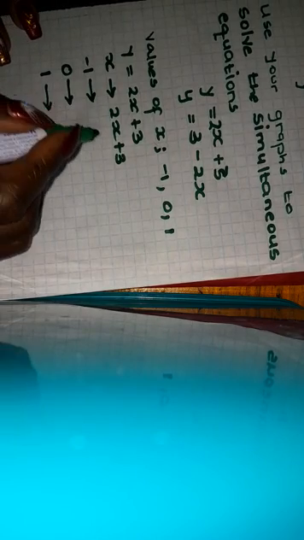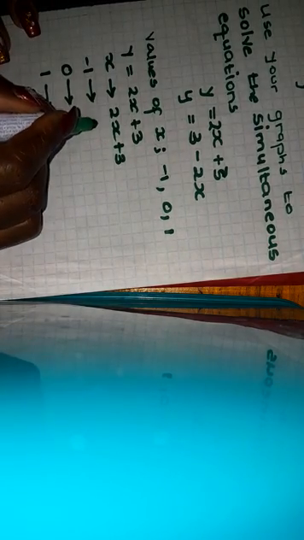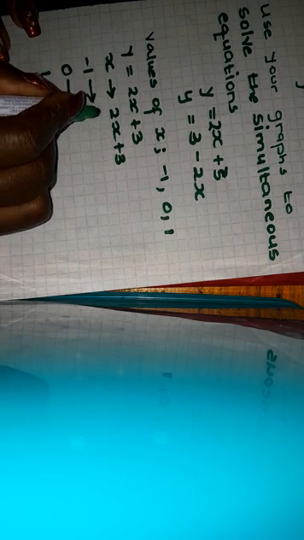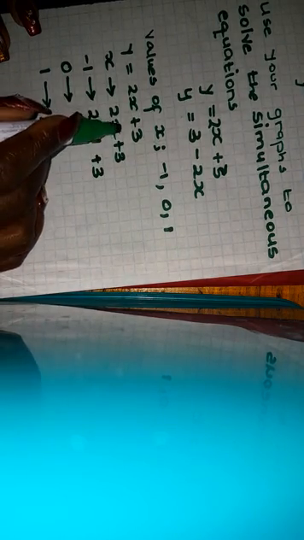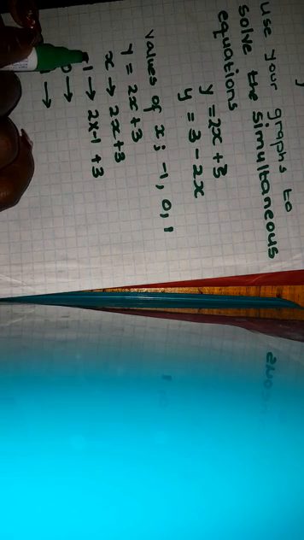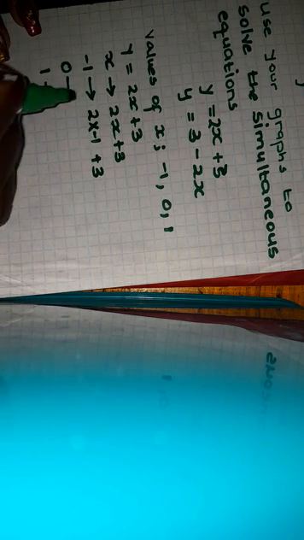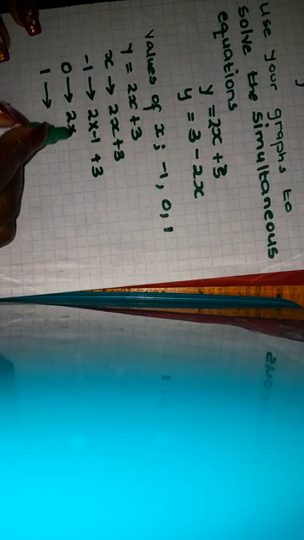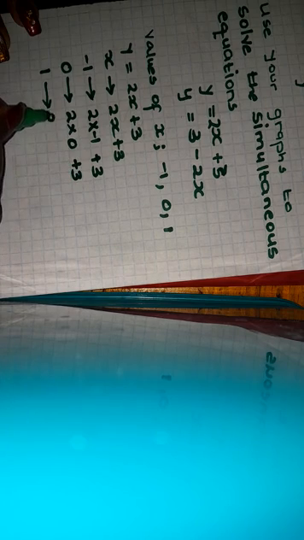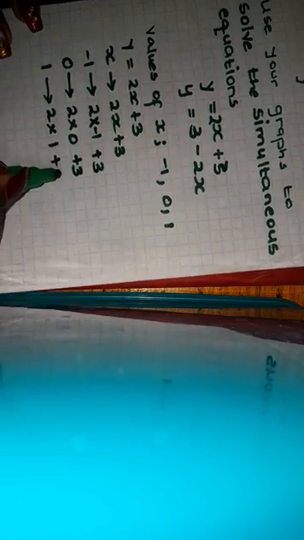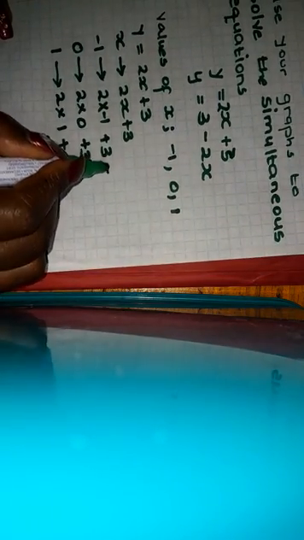Now, start to work out the right hand side of your mapping. So it's going to be 2 times -1 plus 3. Remember, where there is x, you're going to put the value of x that you have this side. So here we will have 2 times 0 plus 3. Then we will have 2 times 1 plus 3. Then you work out that one.